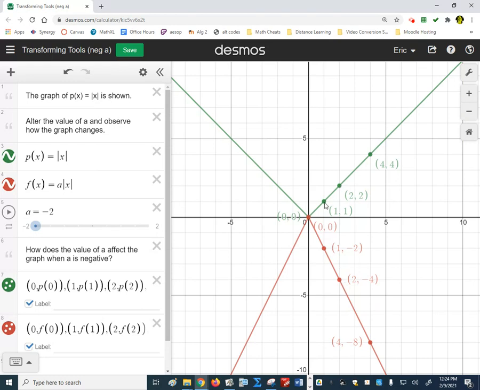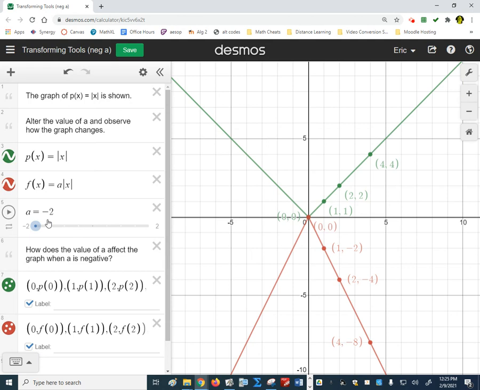For example, the y coordinate 1 times negative 2 gives me the new y coordinate of negative 2. The y coordinate of 4, normally I'd go over 4 and up 4, but now I'm going up 4 times negative 2, which is negative 8. So I go to the right 4 and up by negative 8. Going up by negative 8 just means I'm going down by 8. Everybody see that?